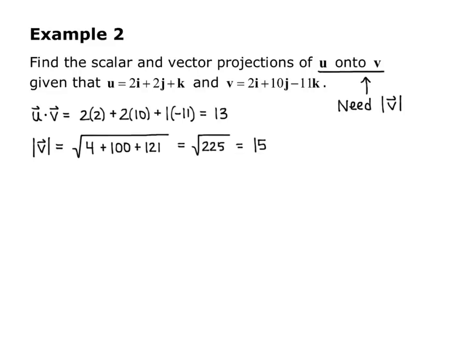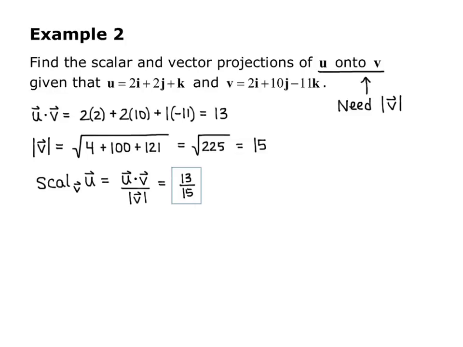And remember, to get that I just squared each component of v and added them together underneath the radical. Now, from the formula, the scalar component of u onto v is equal to u dot v over the magnitude of v. So now I'm going to plug in the numbers that I found. That's 13 divided by 15. So that wasn't too bad.